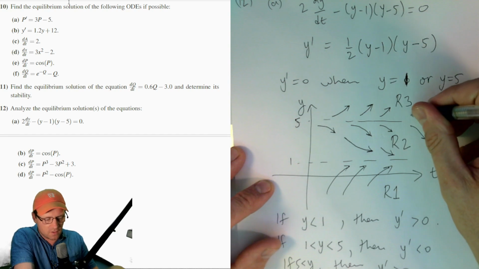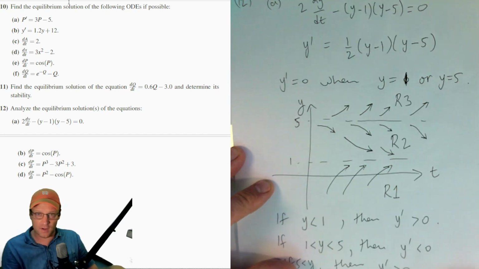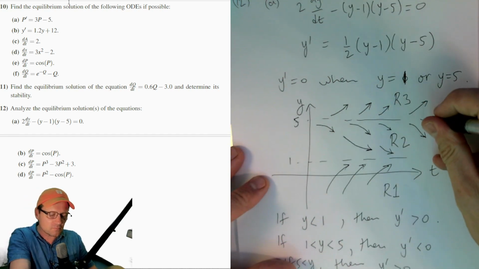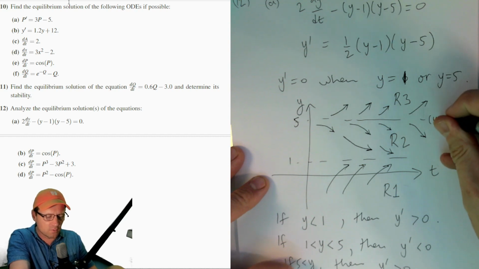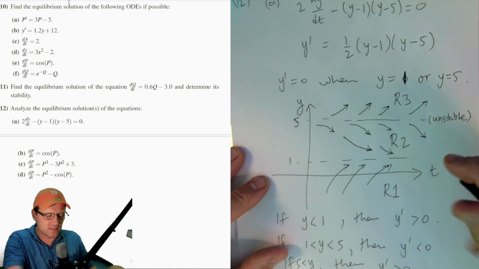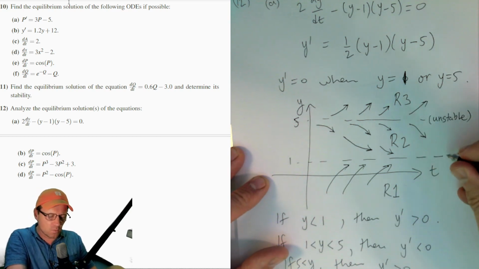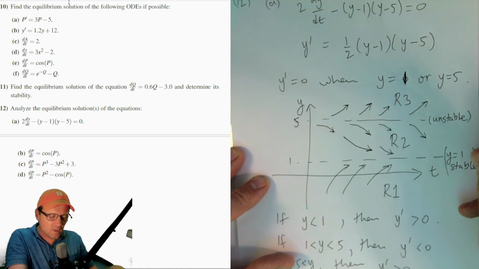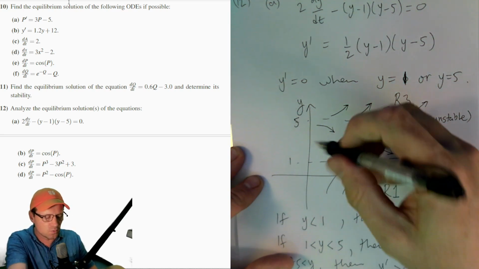So that's away from the trajectory y equals 5. Okay, so this one, y equals 5 is unstable because trajectories go away from that solution. This one here at y equals 1 is stable because trajectories go towards it.